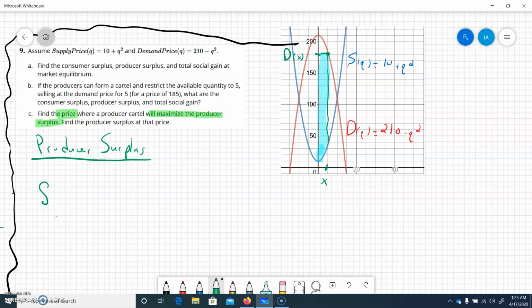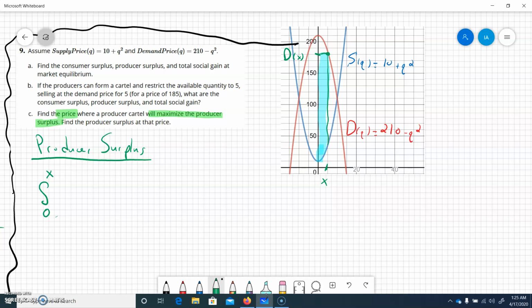So if we talk about the area of the region we're looking at, it's running from 0 to what we're calling X. And we're trying to leave X open because we're trying to maximize, so we don't know what that value of X should be. So we're going to come back here and we're going to say we have this top curve, which is the demand curve.